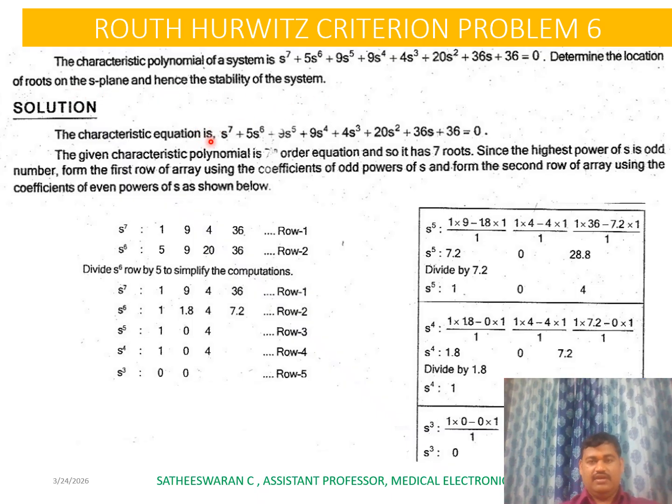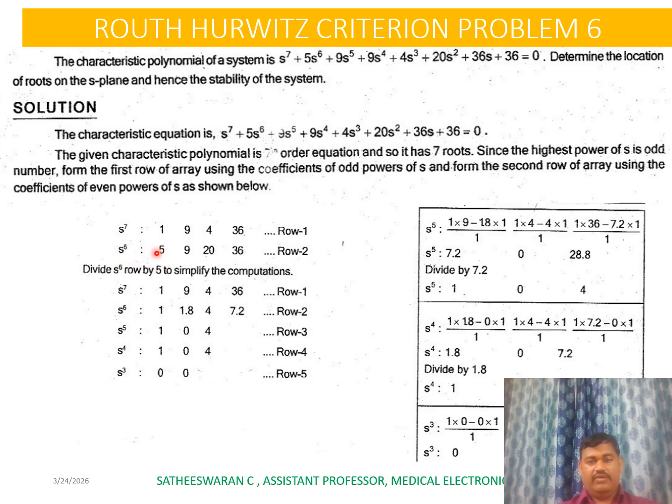Similarly here, again rewrite this characteristic equation, and if you observe here the highest power is s power 7, so in total it has 7 roots. Form the first row of a Routh array using odd coefficients of odd power of s, and the second row using even coefficients of even power of s.